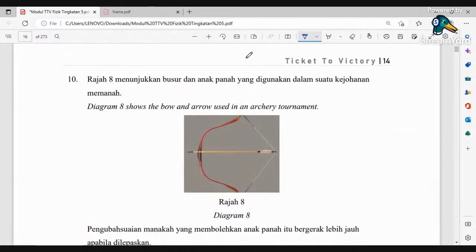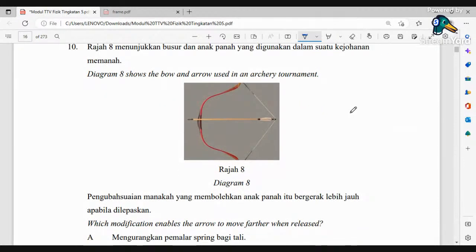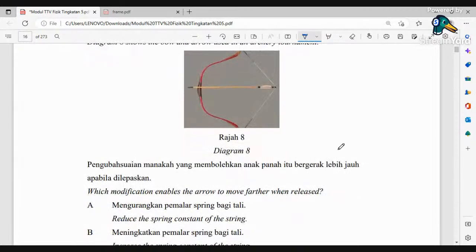Okay, number 10, diagram 8 shows bow and arrow used in archery tournament. Which modification enables the arrow to move further when released? Means you need to increase the elastic potential energy.